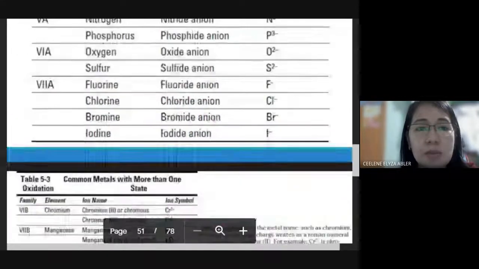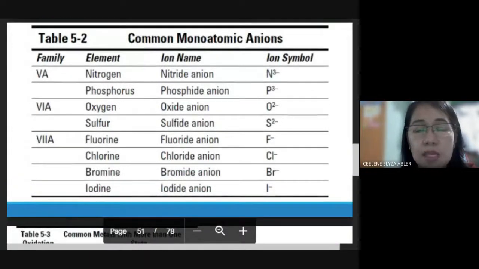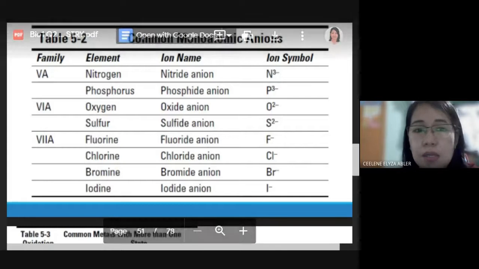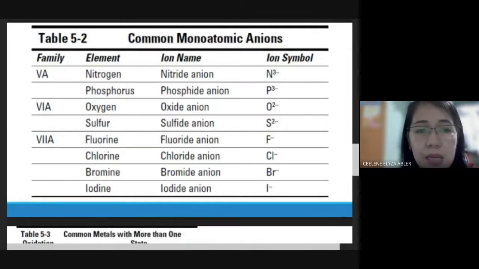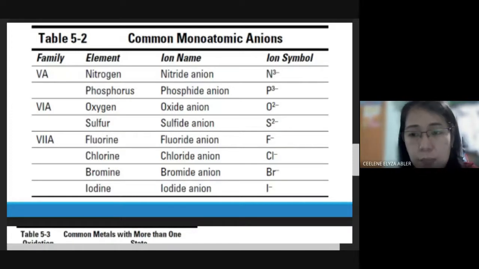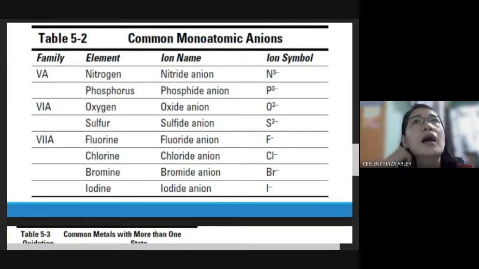Alright, so we have samples of monoatomic anions, and earlier, cations. These are the ones that we actually use. The most used in the body, class, are the oxides. We have the superoxides, and they are considered very harmful for living organisms. That is why we always exhale air.